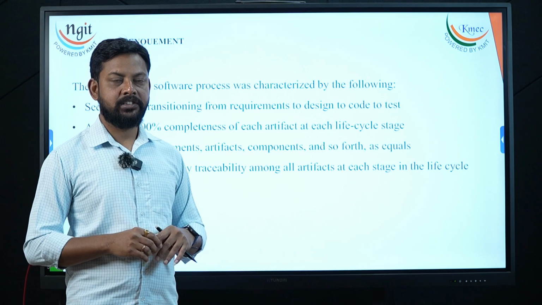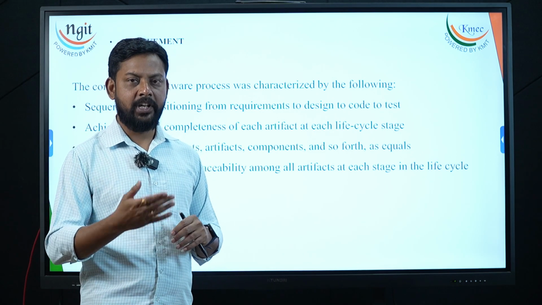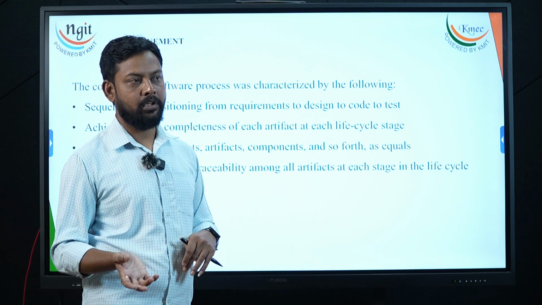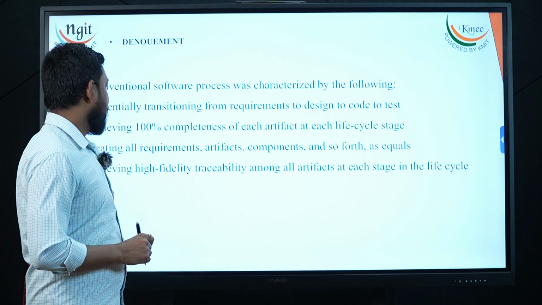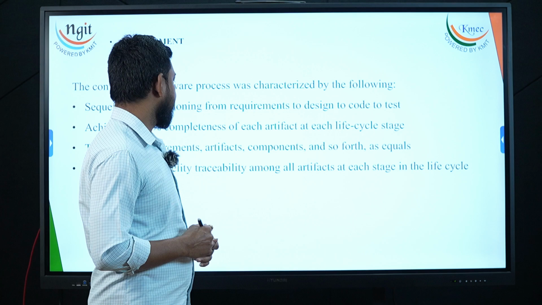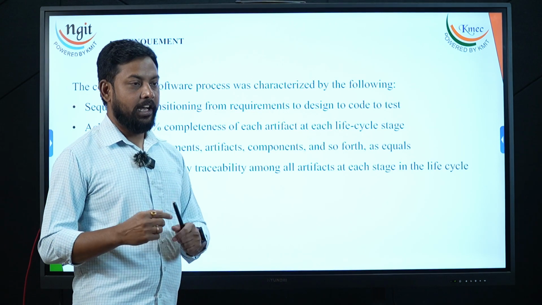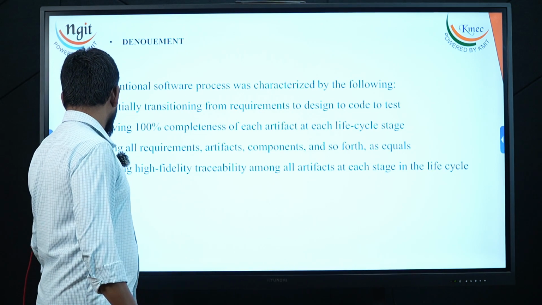So it will not say that whatever artifacts you have taken may not be used. Even if there are some artifacts which are of no use, your conventional model will assume that they are very important. And last, your conventional model is going to achieve high fidelity of your output at each and every stage of your life cycle model, right?